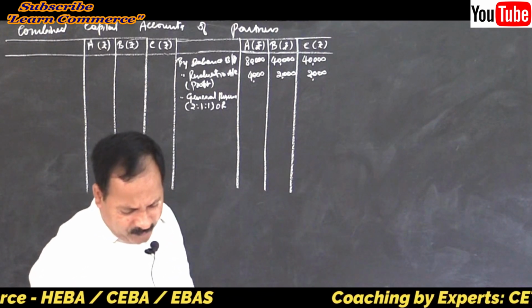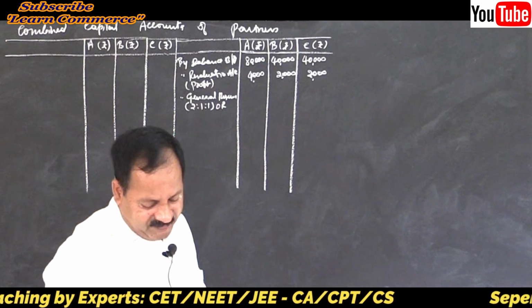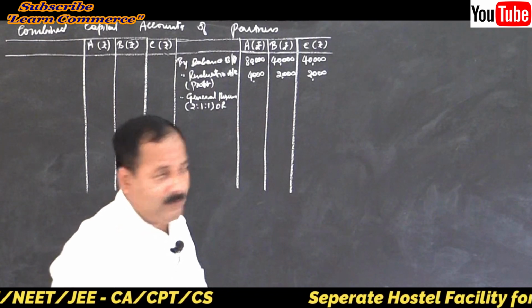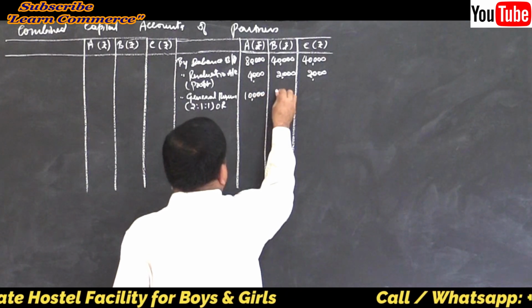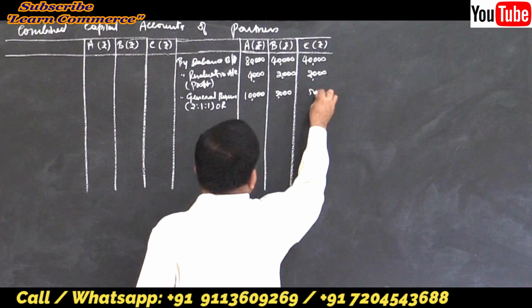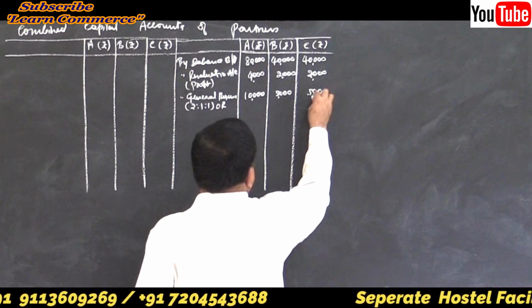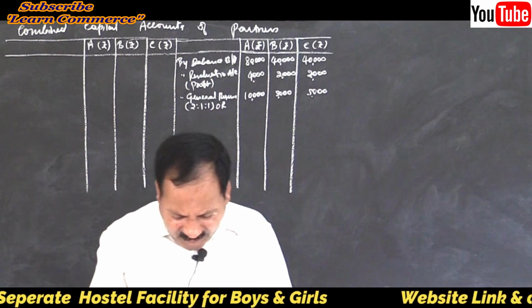How much is the amount of reserve? 20,000. So 2:1:1 means 10, 5 and 5, correct? 10,000, 5,000, 5,000. This is their share.